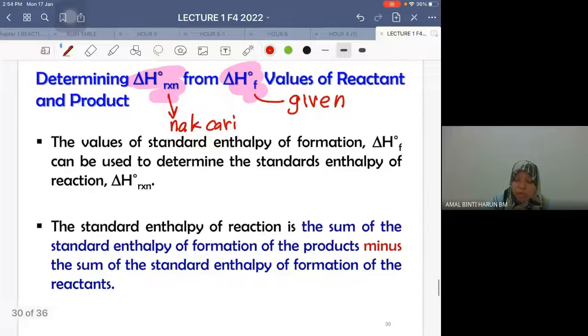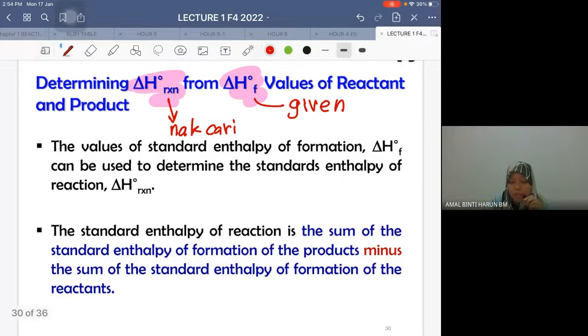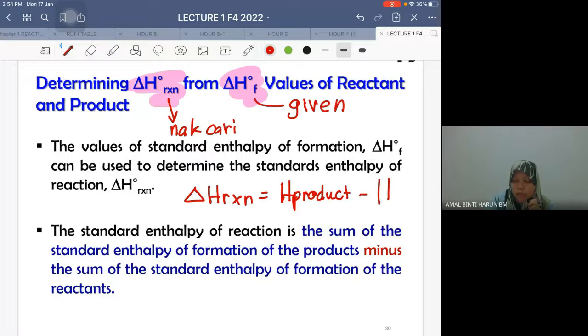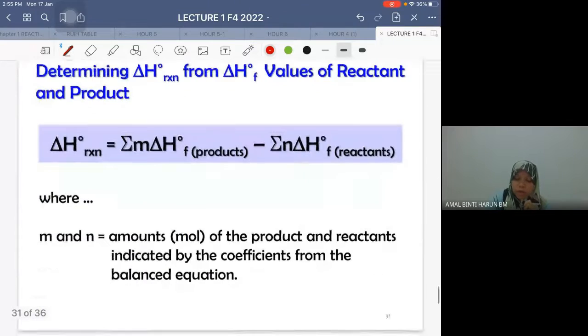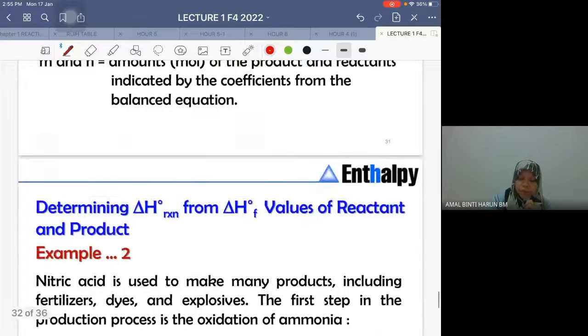Okay, so we will find the heat change: delta H reaction equals H product minus energy reactant. Okay, we use this formula.